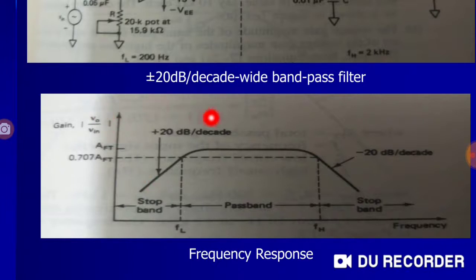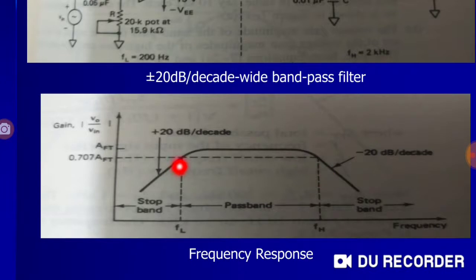Okay, so this is the response of the high pass filter section, and this response is of the low pass filter. Only that the frequencies up till FH are allowed for low pass and frequencies after FL are allowed for high pass, so we have to design accordingly. And here you see this is plus 20 dB per decade because this is rolling up, the slope is positive, and here it is minus 20 dB per decade because it is rolling down.